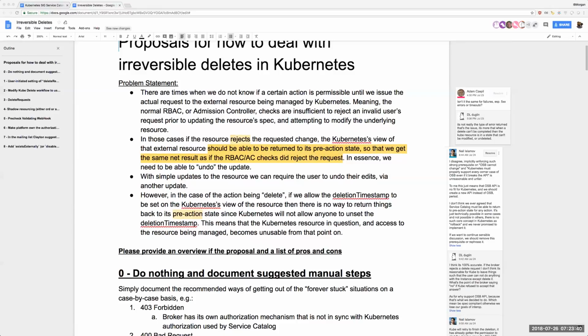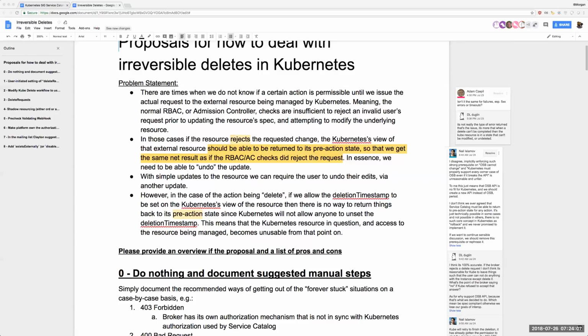And if Kubernetes authorization, admission, webhooks, validation, whatever, if it bypasses all these checks and makes it to the etcd change, there is nothing wrong with that. The problem is that when service catalog as a controller tries to sync two systems, one is Kubernetes as a platform, and the other is the OSB broker, there is definitely a mismatch.